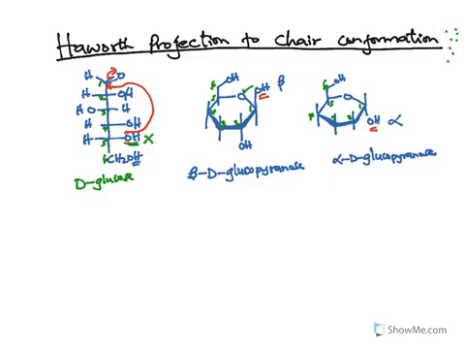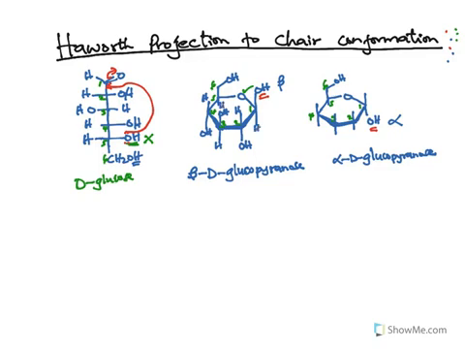When it's on the left, it's going to go up. That's the conventional way to do it. When you have OH like in position 4, it's on the right, so it's going to be down. This goes up. Everything that is left, we just fill it with hydrogen.